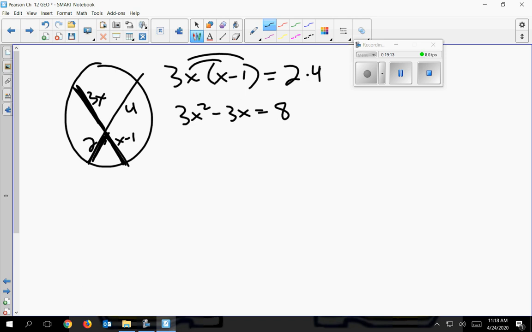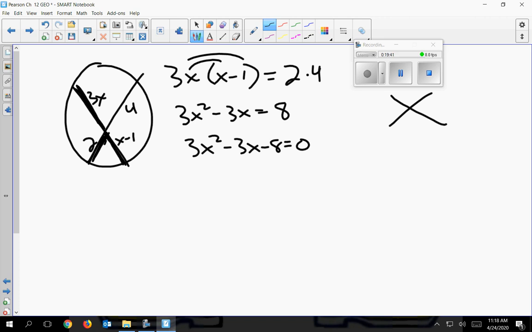So I'm looking at that, I go, well, how the heck am I supposed to solve that? Well, in algebra, what I'd want to do is get everything over to the left-hand side. So I'm going to subtract 8 to move it over here, and it's going to equal 0, okay? Now, if you remember a lot of our algebra review stuff, I'd want to try to factor this, and I'm just going to tell you right now that you can't.